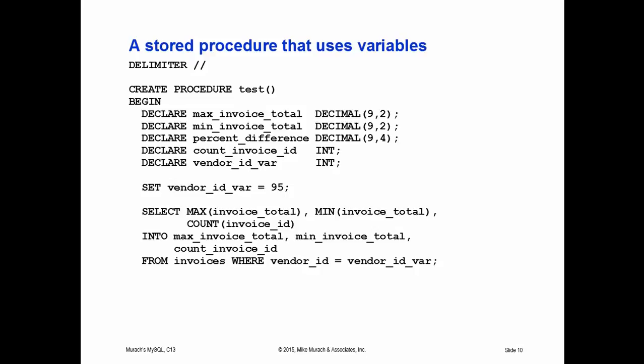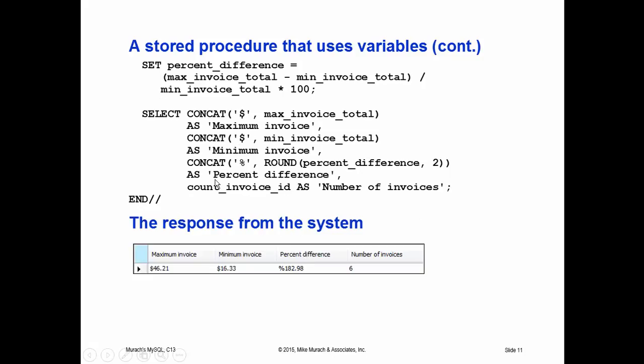Then we're looking for the biggest, the smallest, and the count for vendor 95. We're taking the max invoice total and putting it into max_invoice_total. We're taking the min invoice total and putting it into the variable min_invoice_total, and the count of invoice ID, we're putting it into the variable count_invoice_id for vendor ID 95.